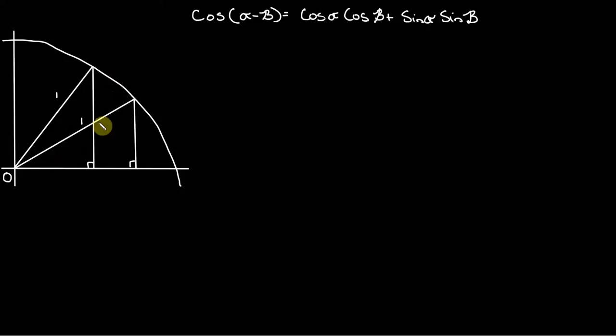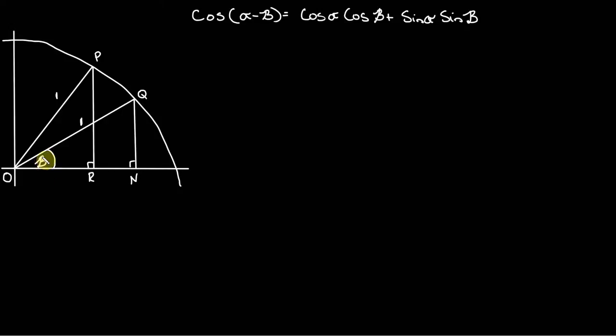So let's start by labeling some points. You can see I've drawn two radii, length 1. The reason that they're length 1, we can just think of the unit circle definition, or you can think of the Pythagorean identity. In either case, it's just first principle stuff here. And let's label some points. We've got the origin, so let's label that O. Let's label this point here P. Let's just say this is Q. Let's say that this is N. This is R. And to start, I suppose we should define these angles.